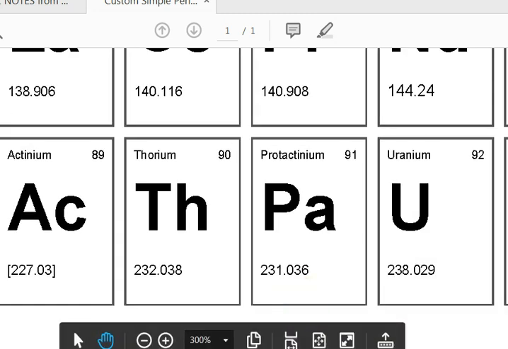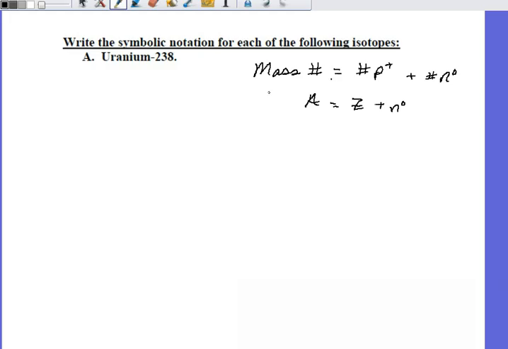So when we go back through here, we'll start out with, well, we'll just write the symbol for the element uranium, which is just U, capital U. This mass number, 238, symbolically you would write it right up here, a superscript to the left of the symbol. So this is uranium-238.